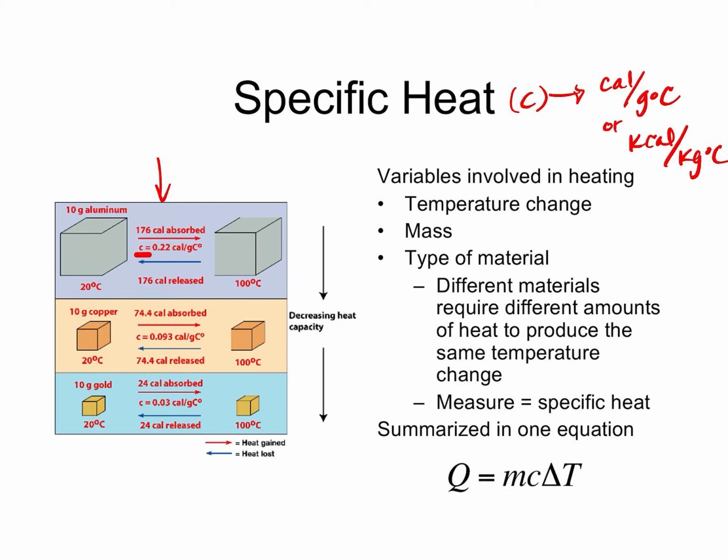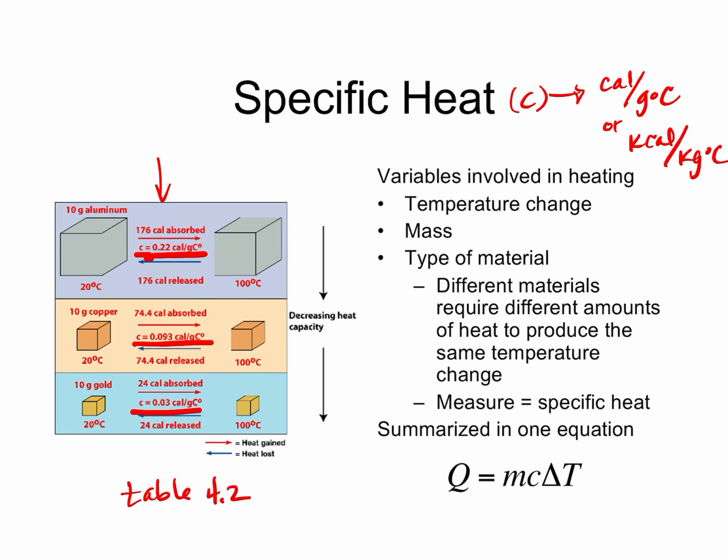So you've got specific heat for aluminum, you've got specific heat for copper, specific heat for gold. All of these different materials are going to have their own specific heat. And there's a table in the book, which I'll show you here in a minute, but I'll write it down here.